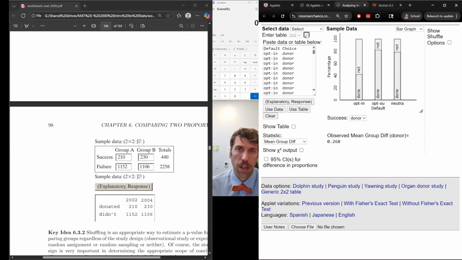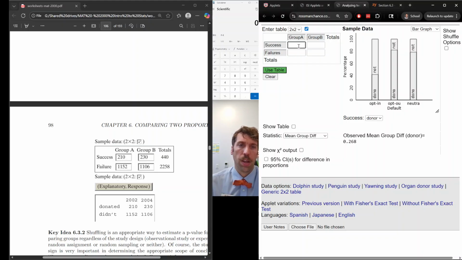So for instance, you could enter the data in a 2x2 table and call this 210, 230, and 1152 and 1106, and you can label these groups. So this group is 2002, this group is 2004, and this group is donated, and this group is didn't.